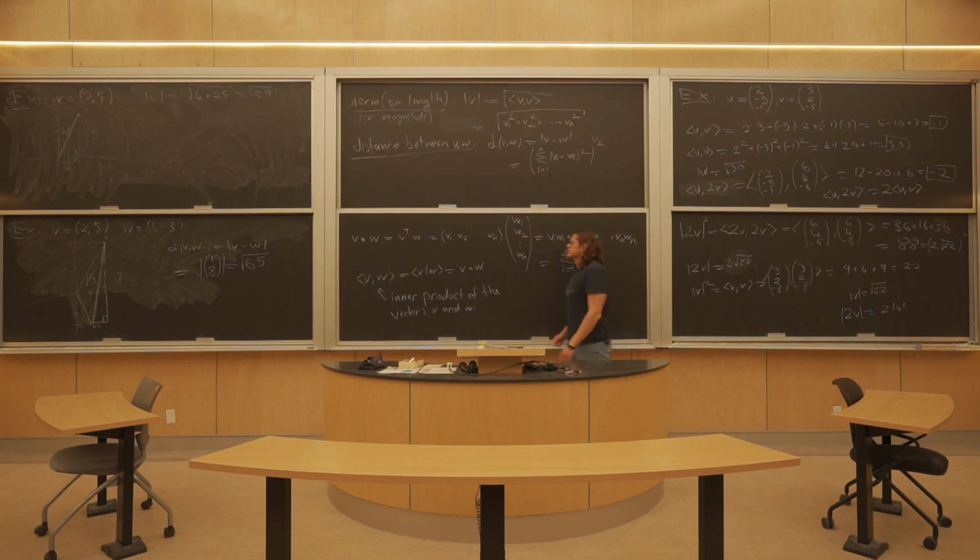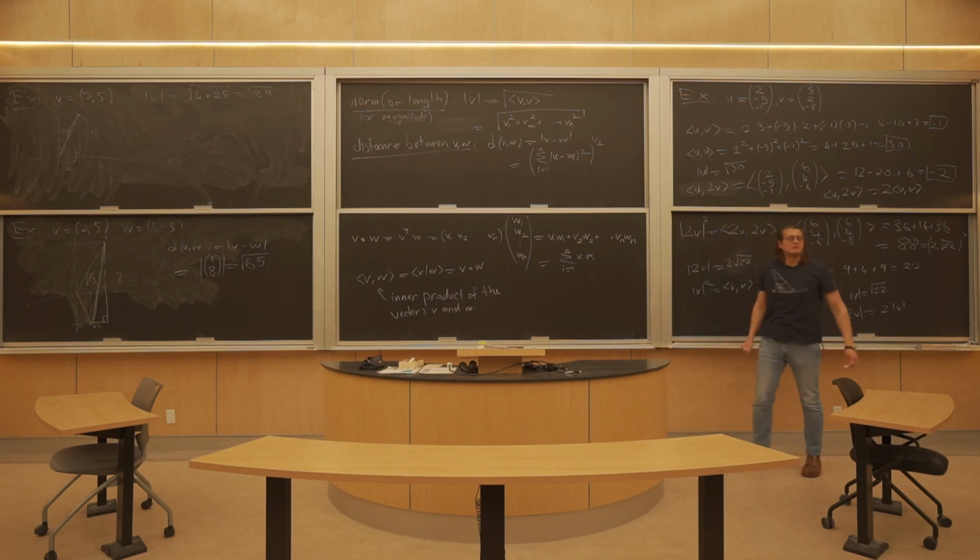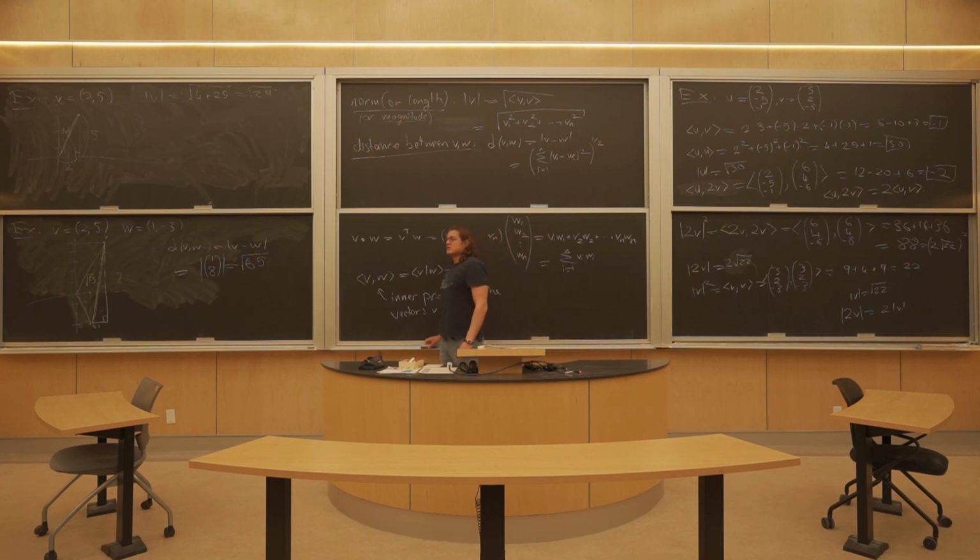Any questions so far about these calculations? When you talk about distance with function spaces, is it to measure accuracy relative to something else? I mean, I'm sure that's one. Yeah, that's one way of thinking about it. So you want to be able to say, oh, I have this function, and I want to approximate it.